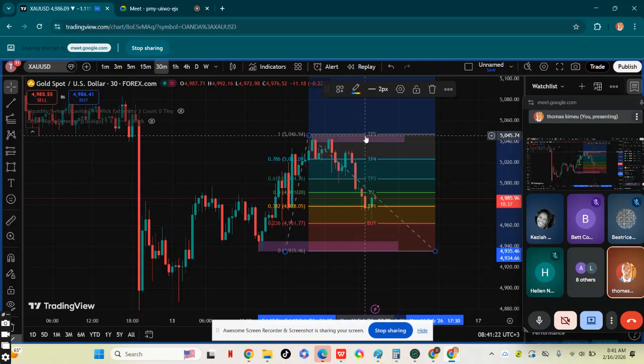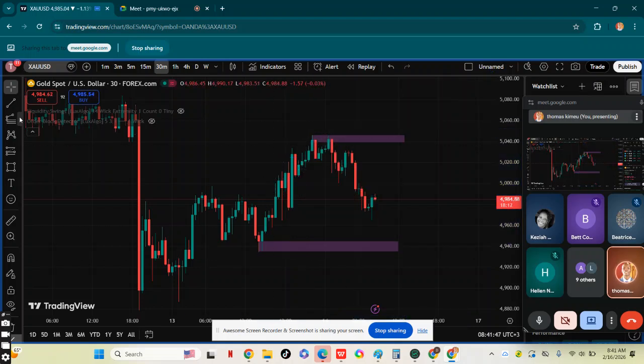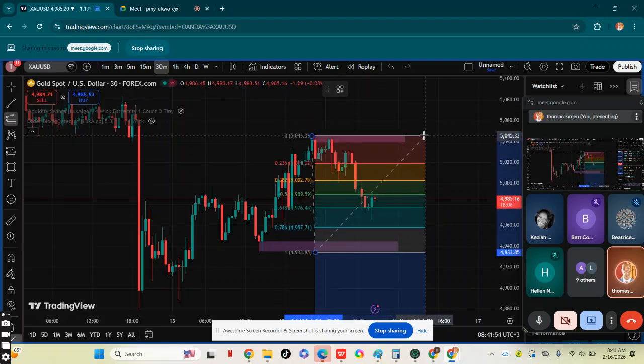If you drew from support to resistance, now you do the opposite. If the market is bullish, you draw from support to resistance. When the market is bearish, you draw from resistance to support, like this, then you drag like that.